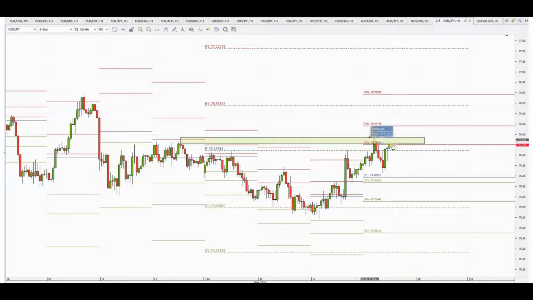All these levels are calculated from yesterday's daily candle, but it's not like the classical pivot where you use OHLC. This one uses just open, high and close.